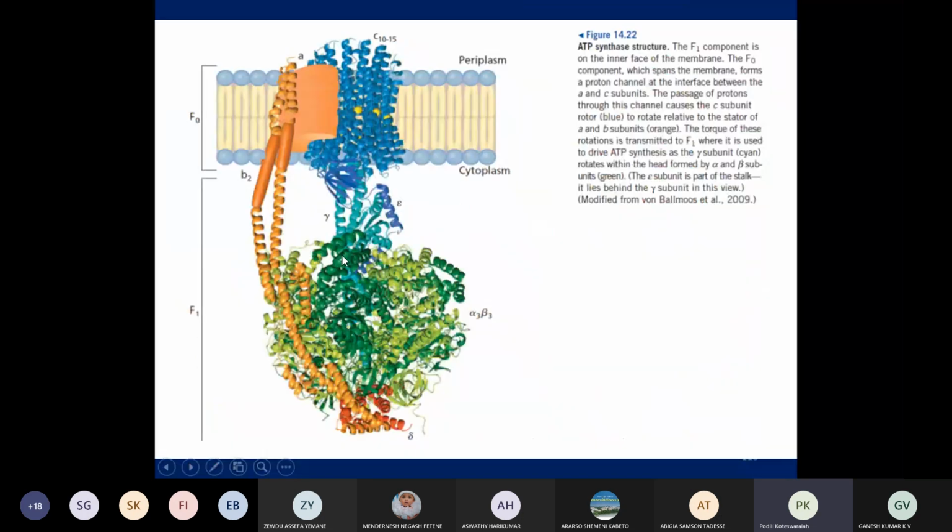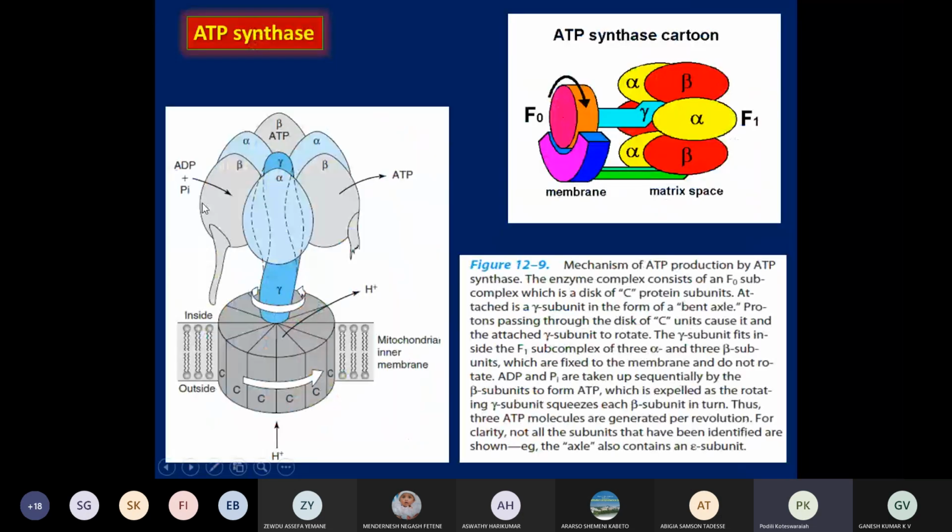This beta subunit converts ADP and Pi into ATP. That's what takes place in the electron transport chain.